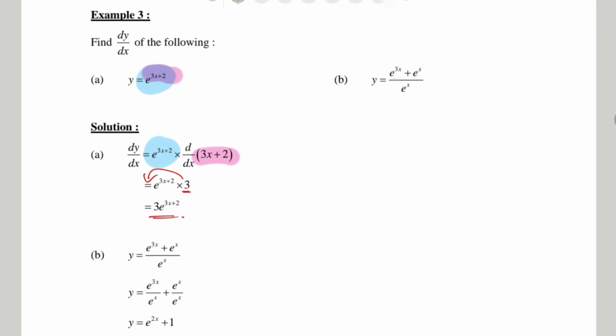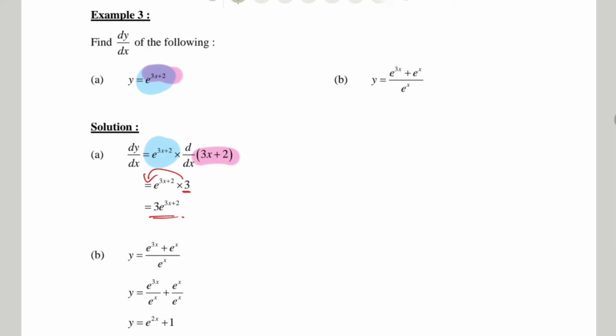Look at the next example, 3b. This is y equals (3e to the power of 3x plus e to the power of x) over e to the power of x. Now, should we solve this by using the quotient rule, like in example 2b before? Or should we just do it in a different way?